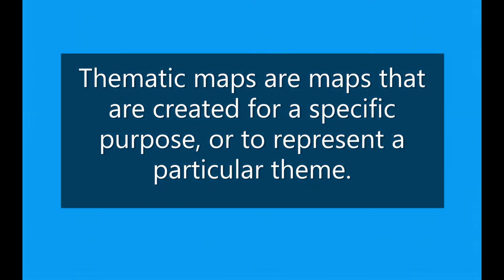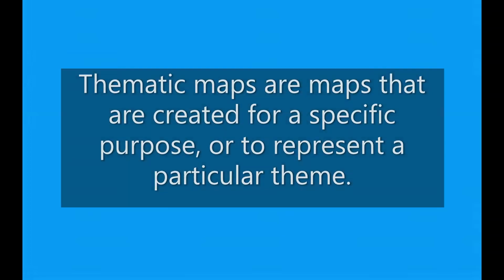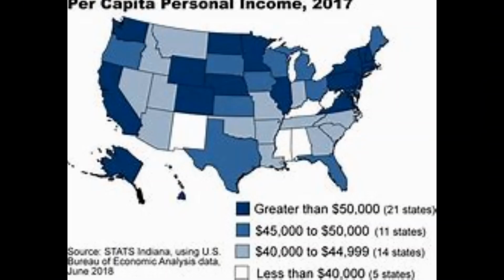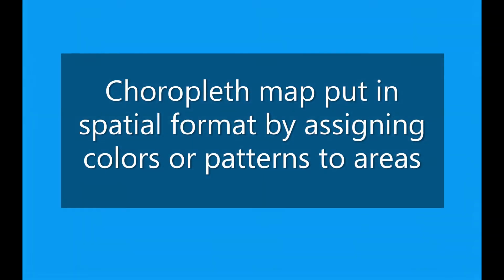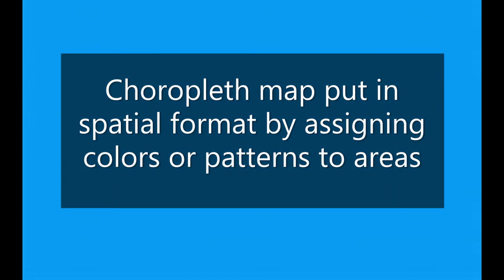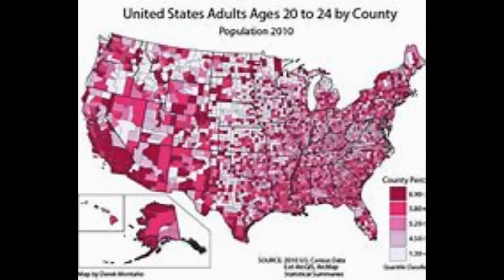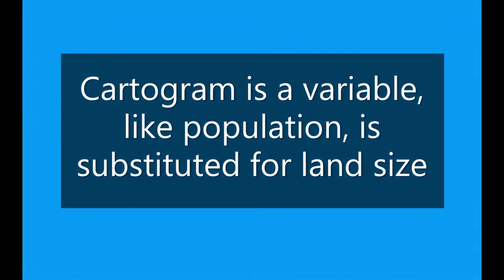Thematic maps are maps that are created for a specific purpose or to represent a particular theme. Choropleth map, put in spatial format by assigning colors or patterns to areas. Cartogram is a variable like population is substituted for land size.